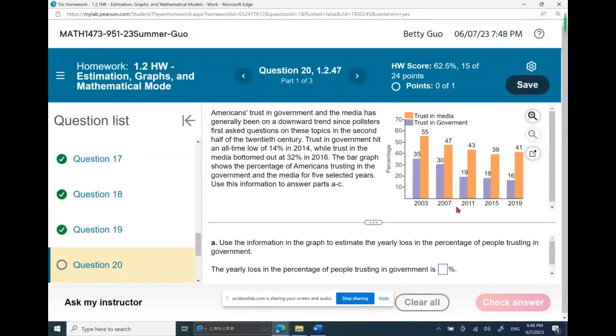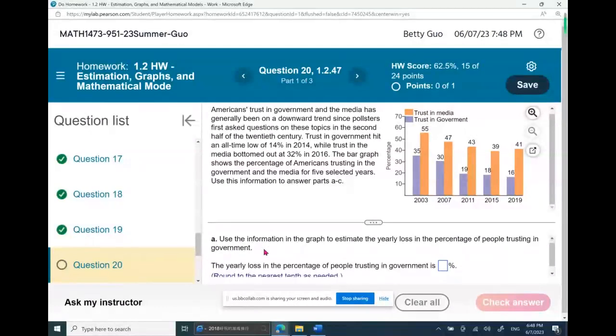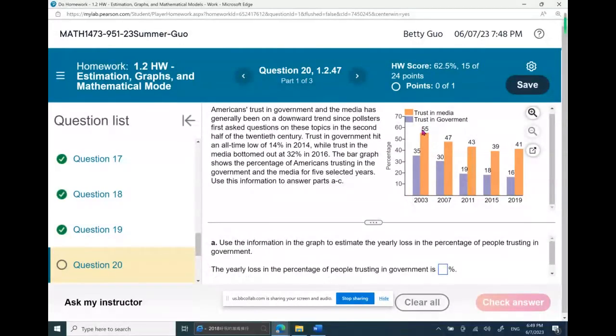Government and or media. So what are we trying to do in this case? We are trying to estimate the yearly loss in percentage of people trusting government. So let's only look at the purple bar, right?